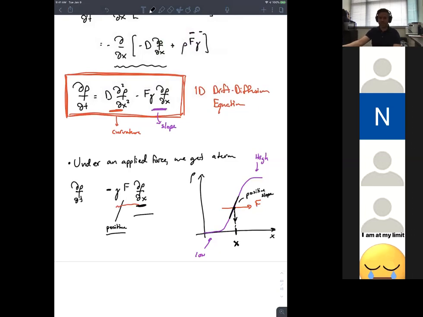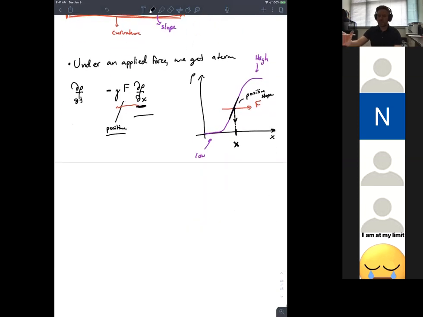Now, why is that the case? Essentially, this applied force is acting upon this concentration profile that I've drawn here and just pushing it in the direction of the force.